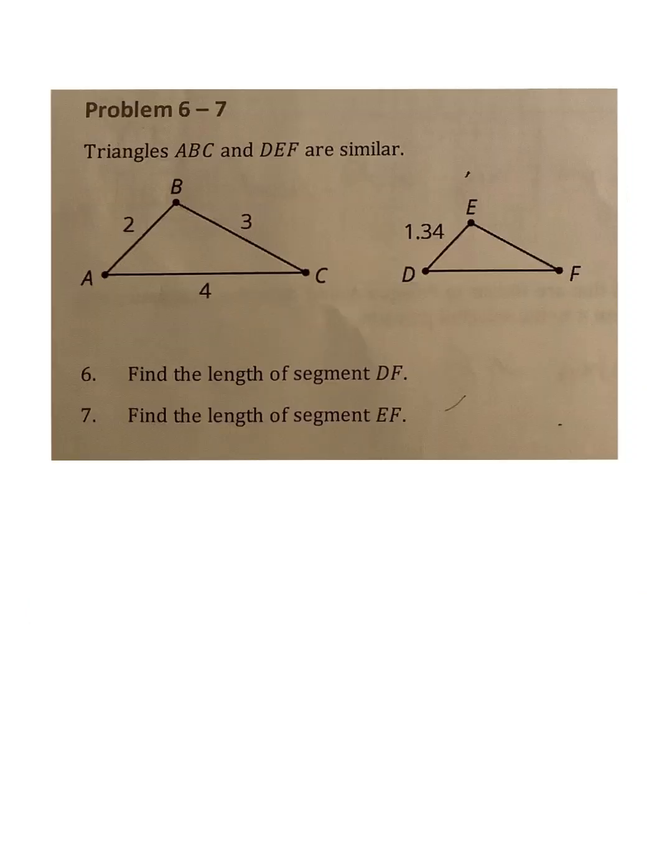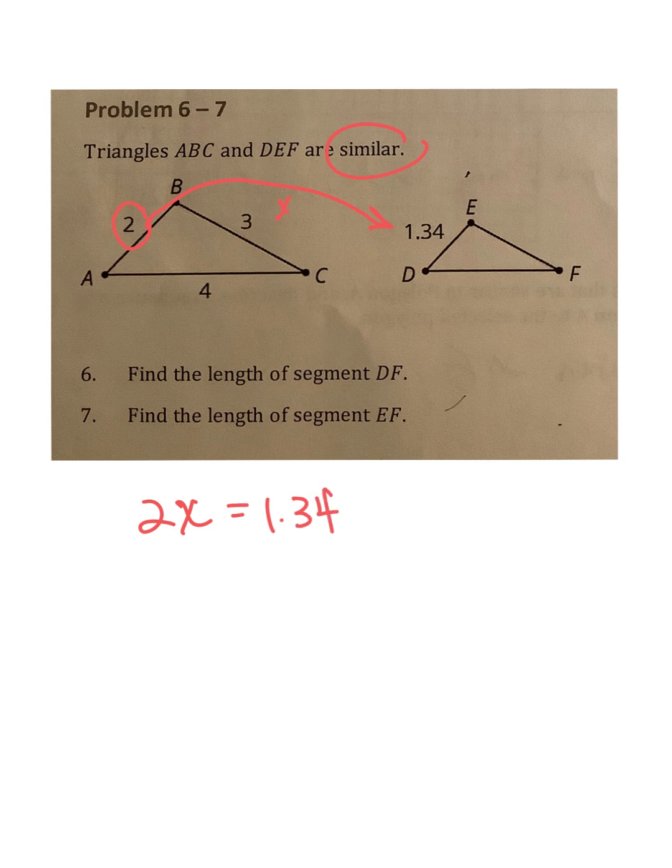Okay, for problems 6 and 7, they tell us that they're similar triangles, and similar triangles share a common scale factor. What that means is any of the sides times the scale factor gives you the other side for your similar triangle. They're proportional. So 2 times some number equals 1.34.